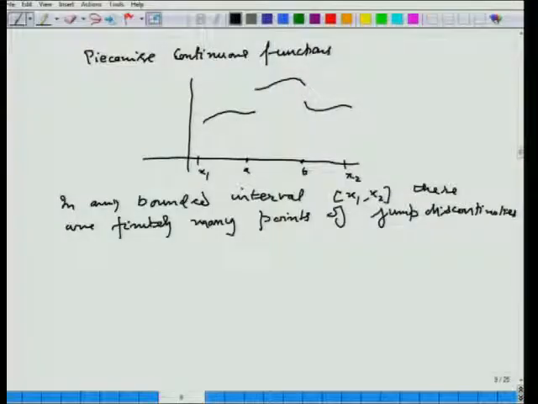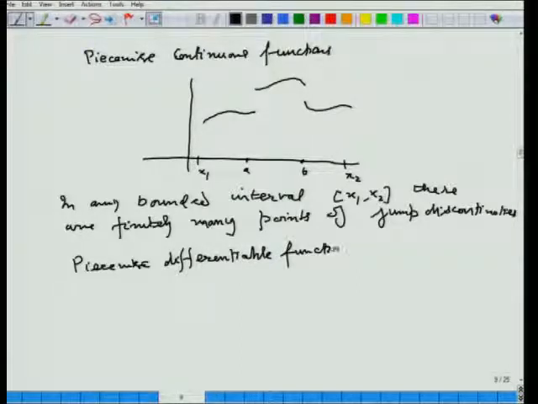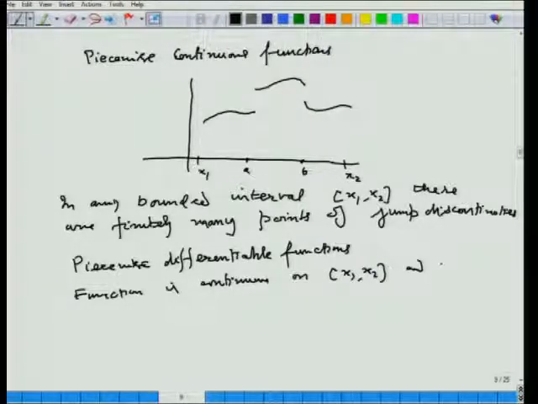Similarly, we will have the piecewise differentiable function. A piecewise differentiable function means the function is continuous on x1 to x2, and f prime is piecewise continuous.